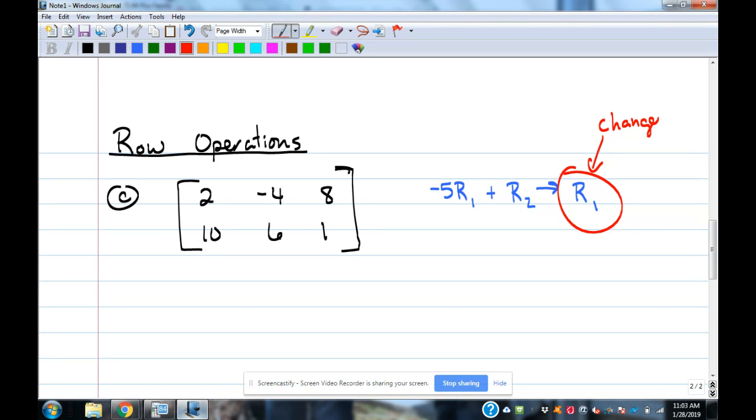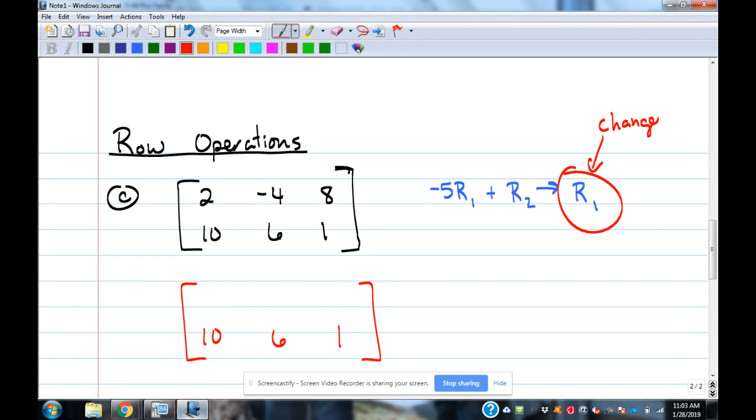So when you go to do this work, your answer, you're going to write a matrix, and I'm going to copy row 2 before I do anything because I know row 2 is not changing. So 10, 6, 1. Row 2 should be 10, 6, 1 because this row operation said change row 1, not change row 2. We're going to use row 2 to change it, but we're only changing row 1. So then you just do the instructions.